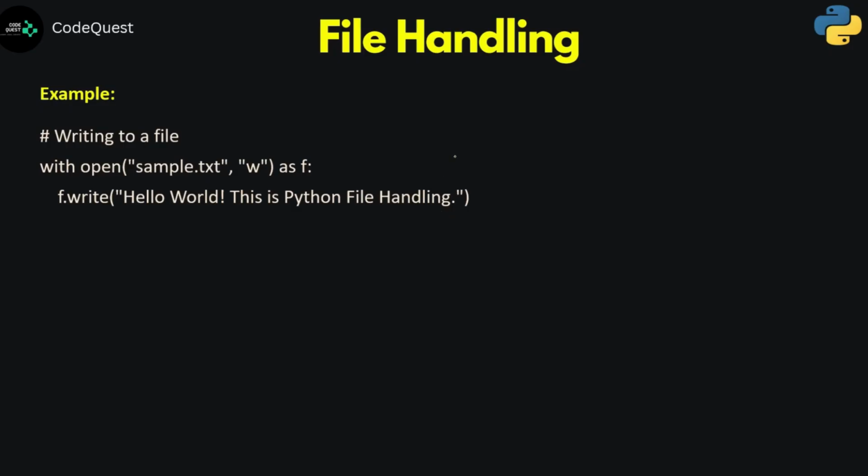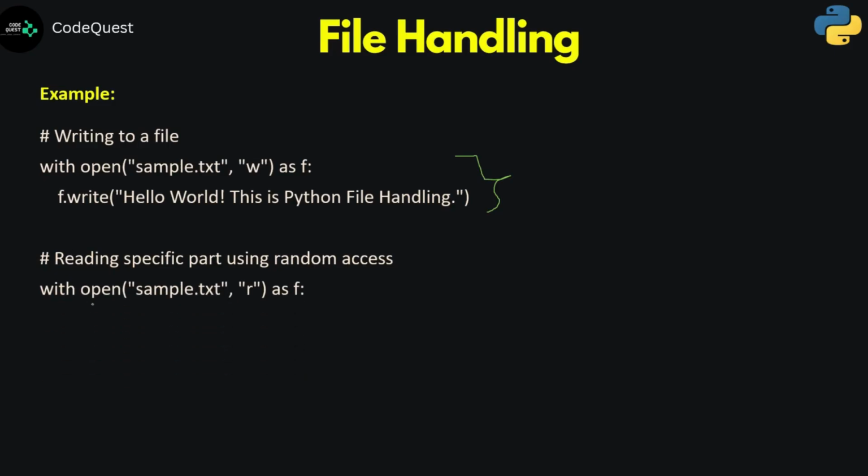By the end of this, our content is written into this particular file. Now later on, I'm opening the file once again because my write operation is done. This time when I'm opening the file sample.txt, I'm using the read mode.